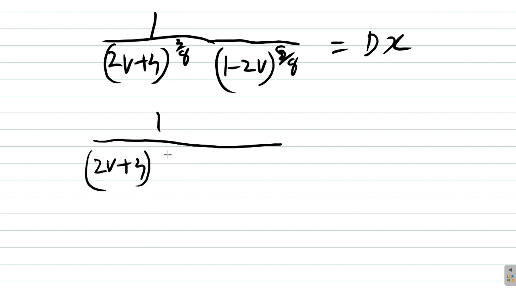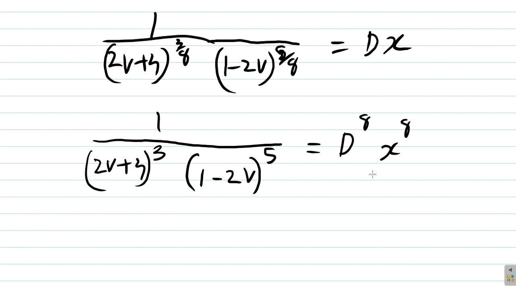If you raise that to the power of 8, you get 3, because 3/8 times 8. When you raise to a power, you multiply the powers. And this would be (1 - 2v) to the power of 5 equal d to the 8, x to the 8.